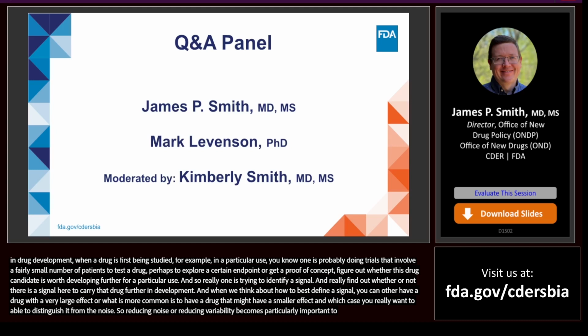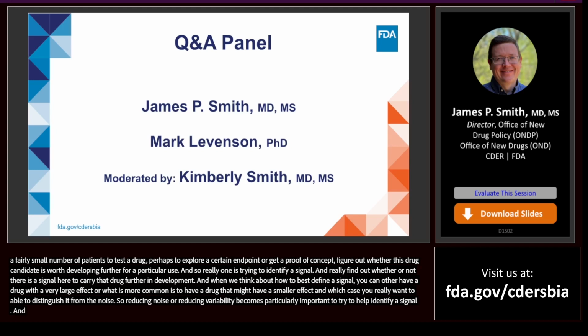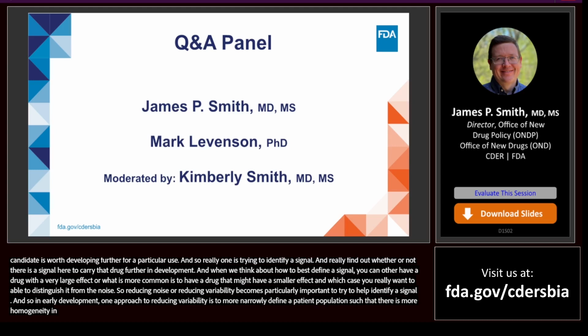And so in early development, one approach to reducing variability is to more narrowly define a patient population such that there is more homogeneity in the population that you're exploring the drug in.